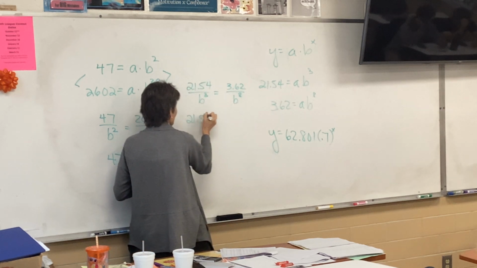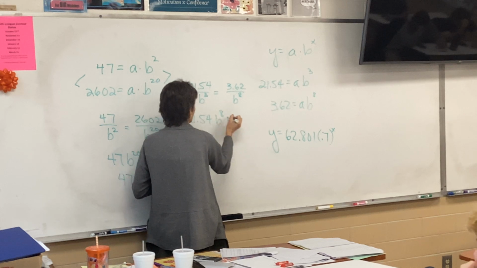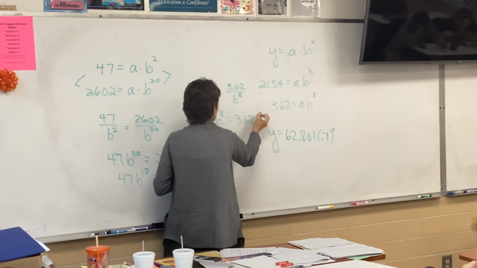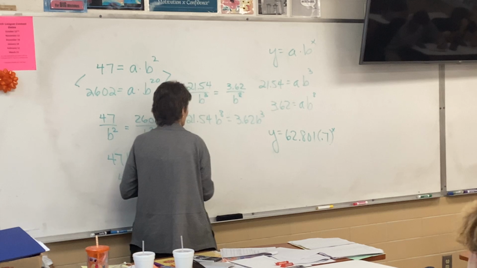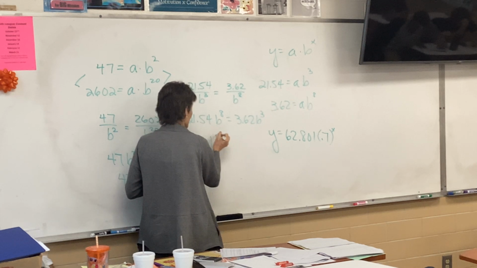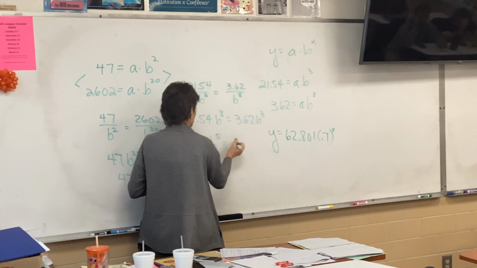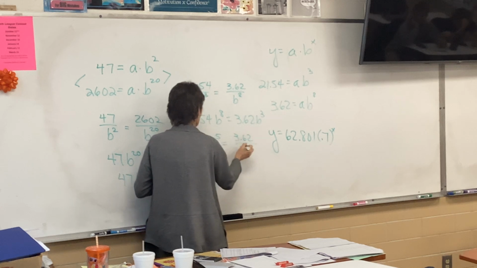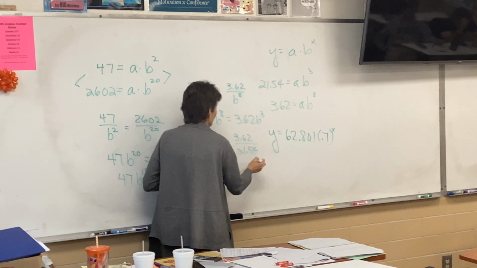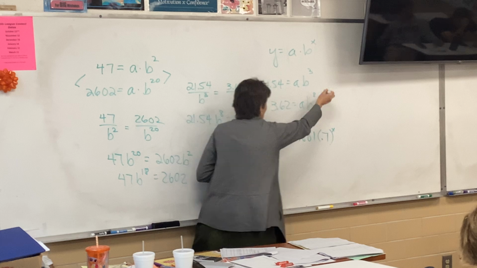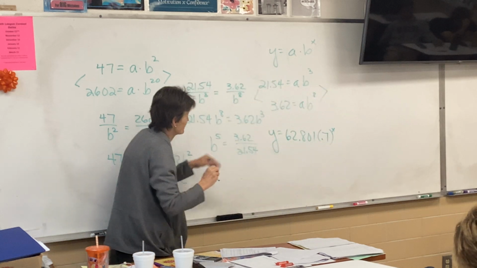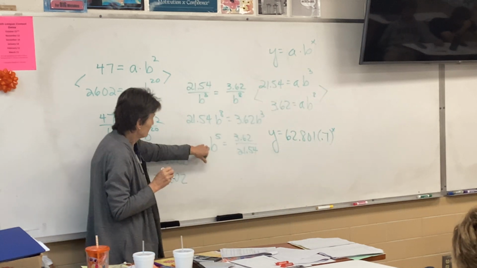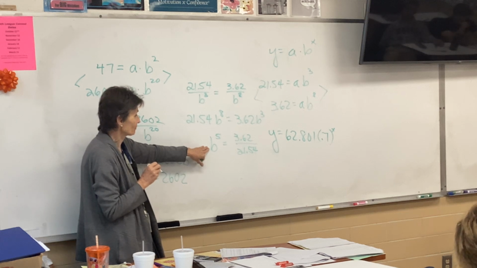So 21.54 b to the 8th equals 3.62 b cubed. So b to the 5th is going to be 3.62 divided by 21.54, which, as Alex said when we were doing our geometric sequences, is exactly what we would expect to happen.